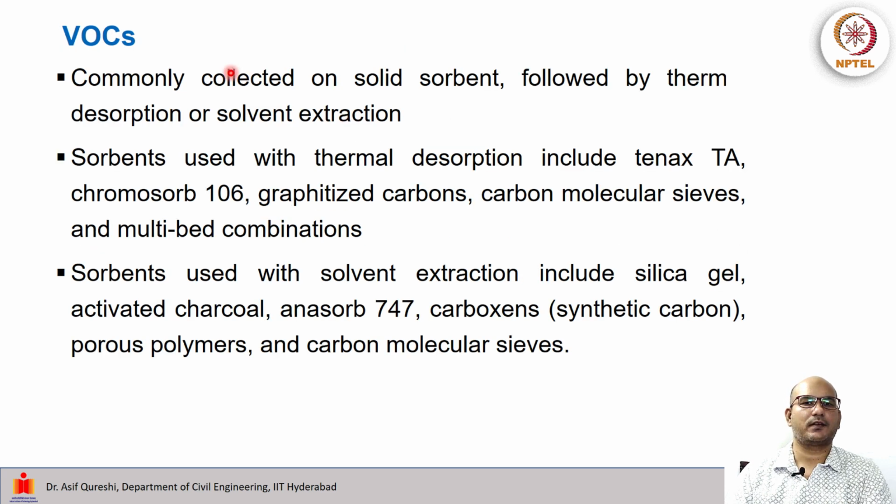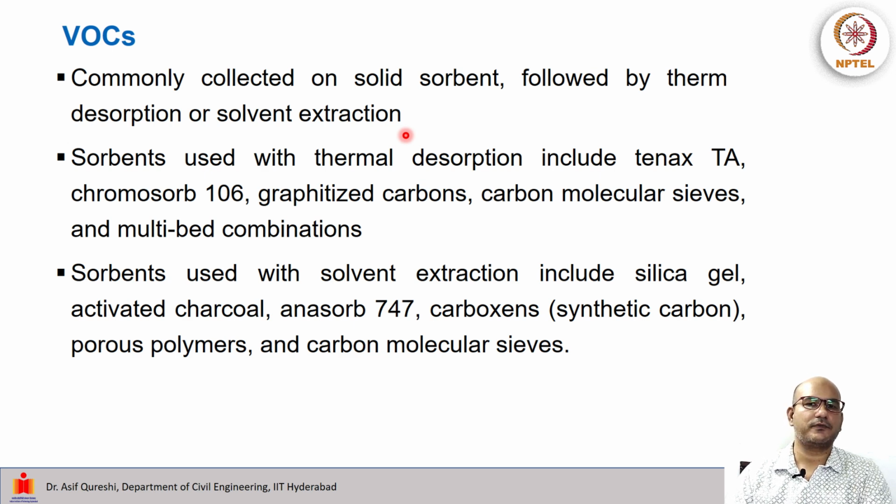VOCs can commonly be collected on solid sorbents, followed by thermal desorption or solvent extraction. Thermal desorption means the VOCs are adsorbed: the sample passes through the sorbent, the VOCs become adsorbed, and then the sample flow is stopped.